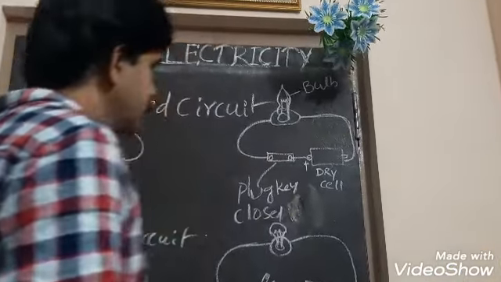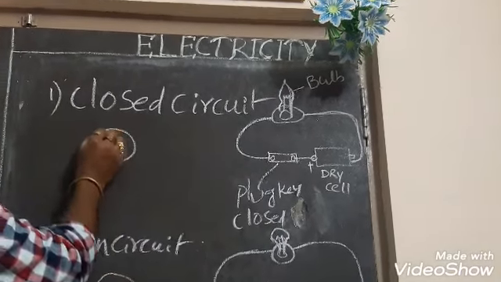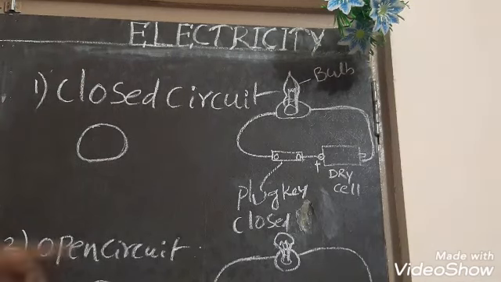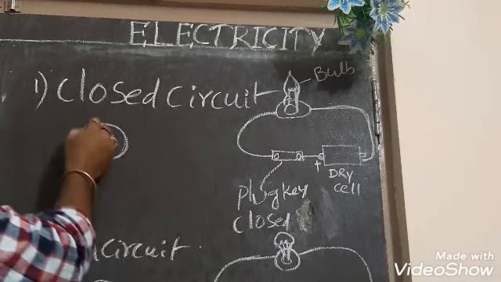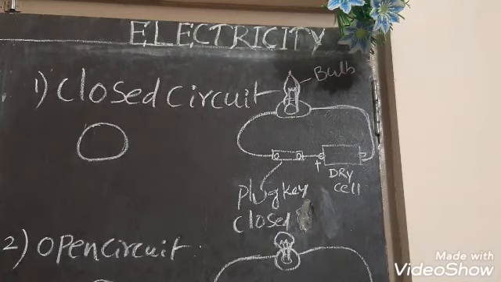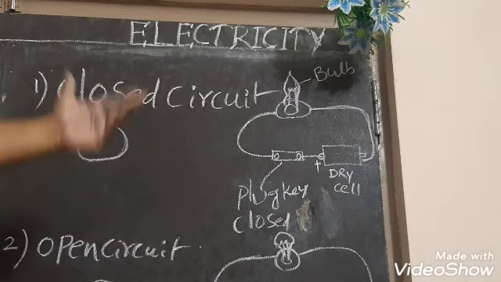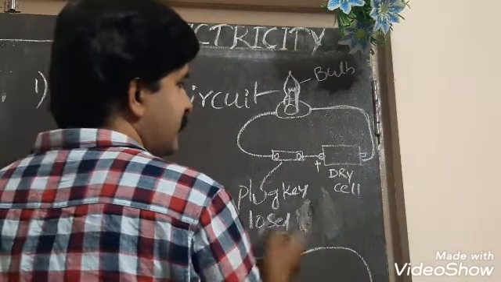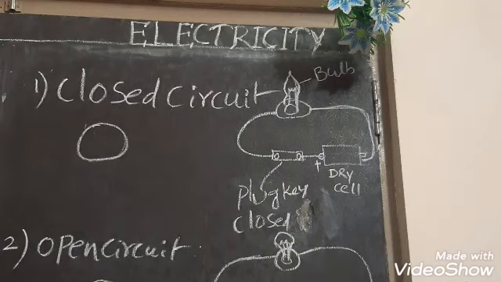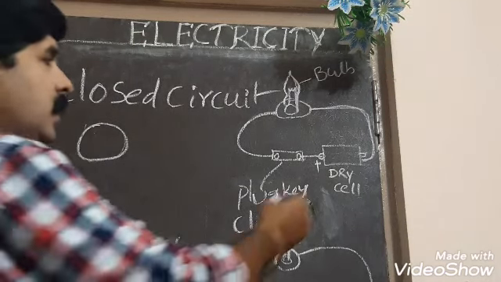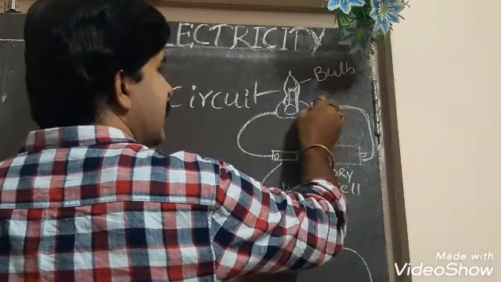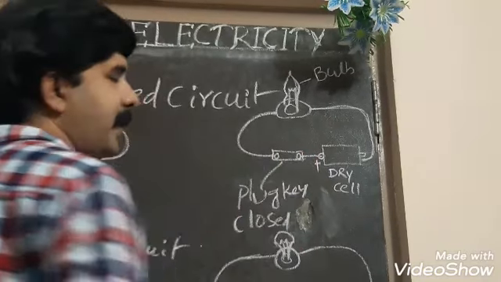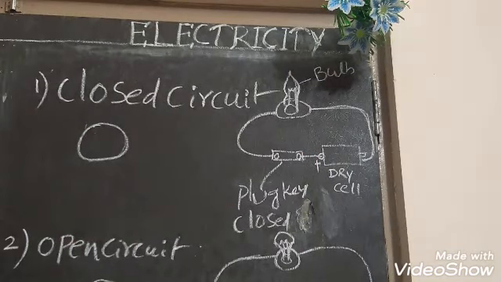Closed circuit. Closed circuit means this is a closed wire. A wire is just shaped as a circle. So this is a closed one, so we call it a closed circuit. Now let us see in an electrical circuit how it is closed. Here you see this is a dry cell from which potential difference has been generated. Here the current is passing through a bulb for which a key or a plug or a switch is connected.